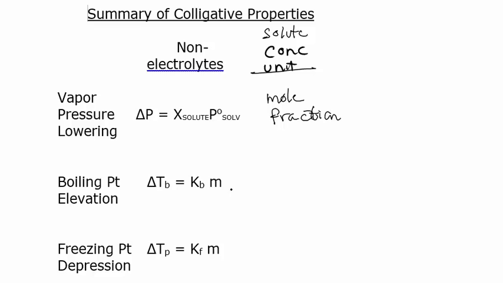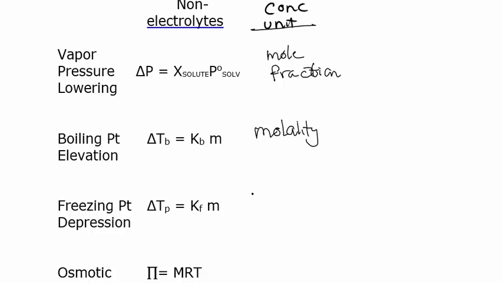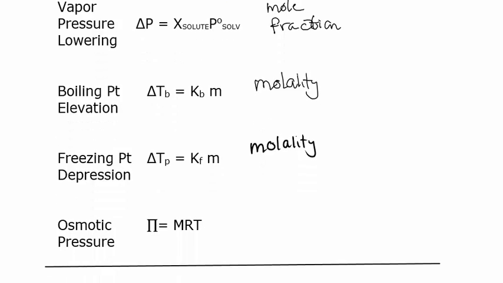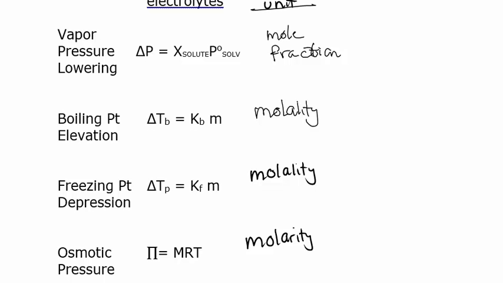The boiling point elevation has a small m, which is molality. Freezing point depression has the same thing as boiling point elevation, and that is molality. And finally, osmotic pressure has capital M, which is molarity. So they do all depend on solute concentration, but not always in the same form.